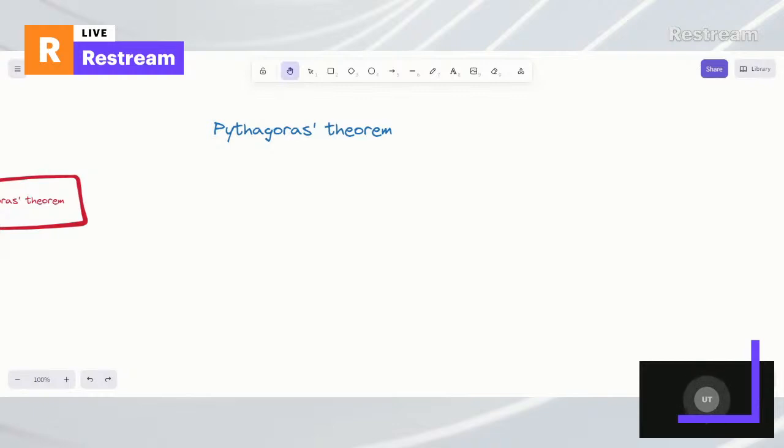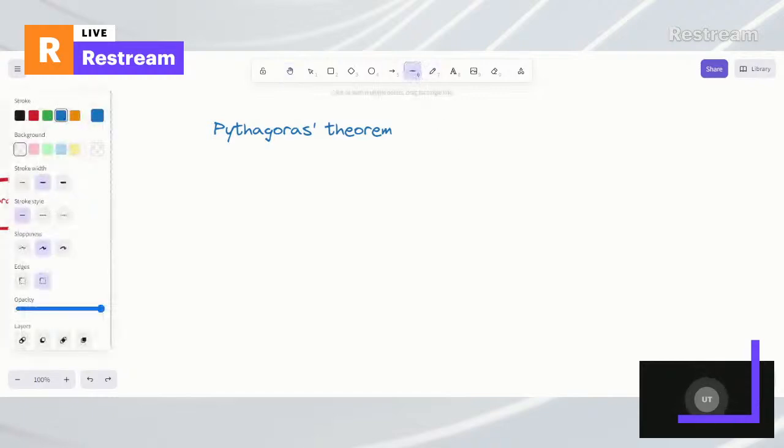All right, so Pythagoras theorem. Let's first discuss where it is actually applied. Let me give you some hints. Somebody answered, for triangles, figuring out the longest side. That's great.